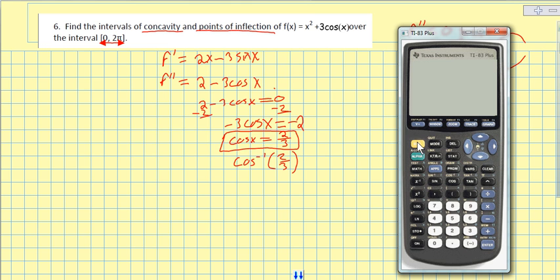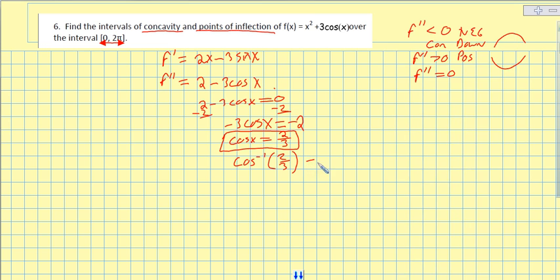So we have the inverse cosine of 2/3 is equal to 0.8412, we'll call it. And that's in radians.